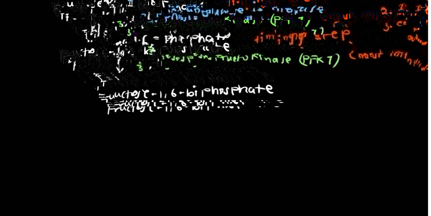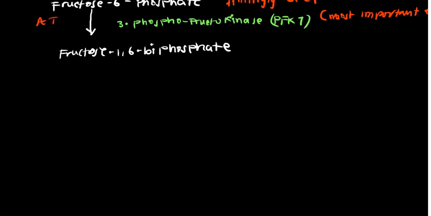ATP here is converted to ADP, since the phosphate is the one that is added to fructose 6 so that you have fructose 1,6 biphosphate. So that means on this fructose here you have two phosphates.